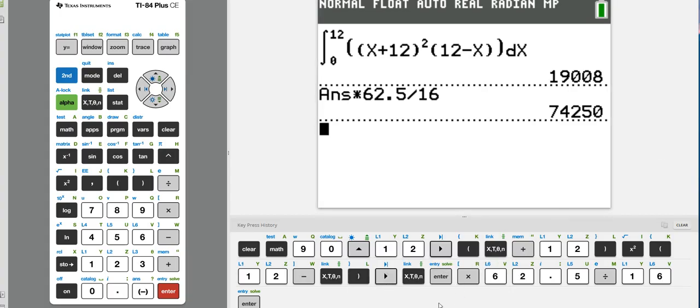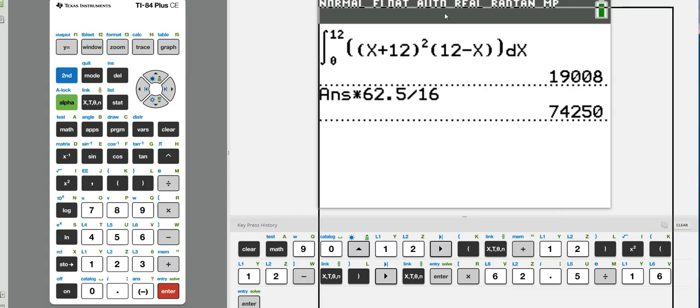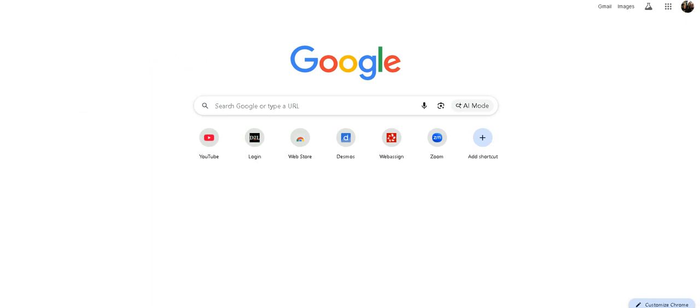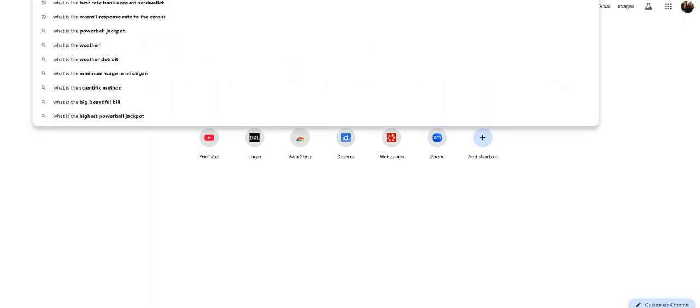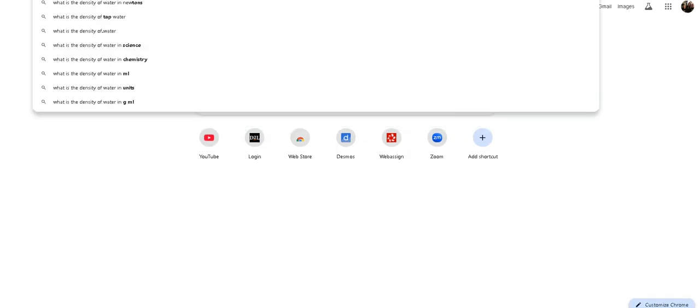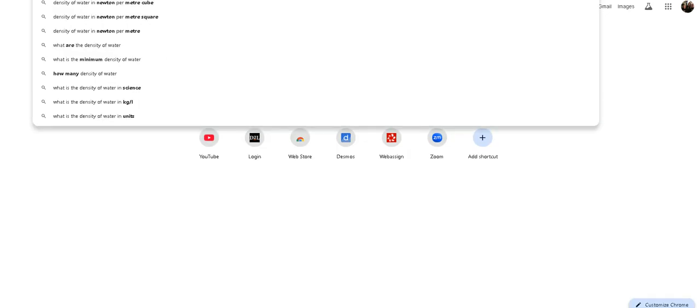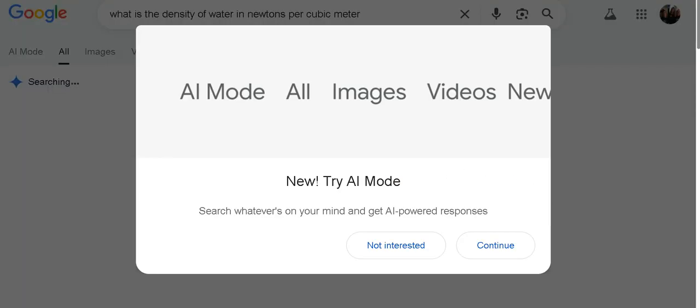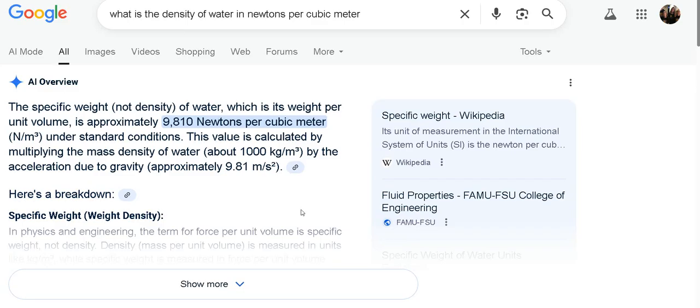Let's see. There. So, what is the density of water in newtons per cubic meter? All right, I was pretty close.